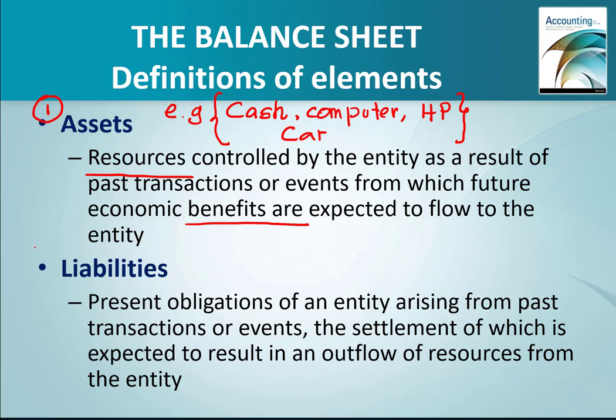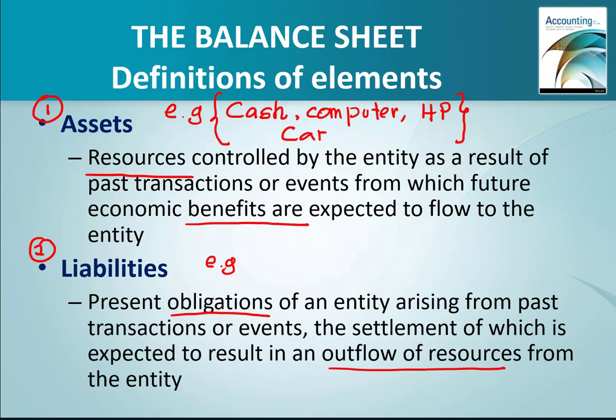The second element is liabilities. Liabilities refers to the obligation of the entity arising from past transactions or events where, in order to settle this obligation, you need to pay a sum of money or it results in an outflow of resources.